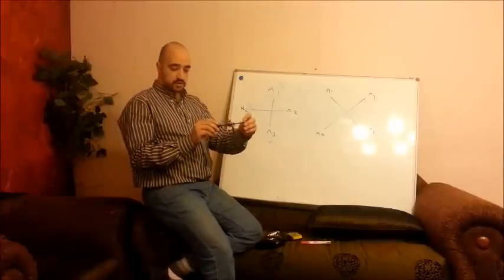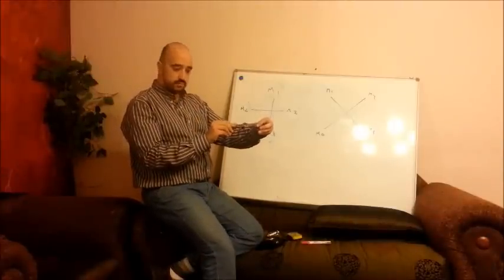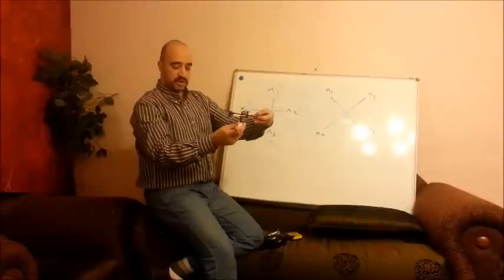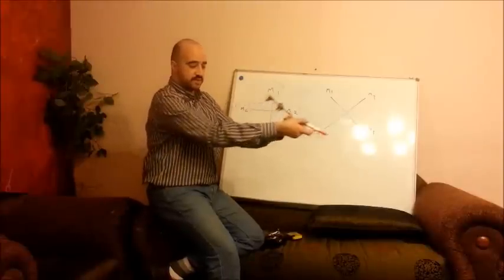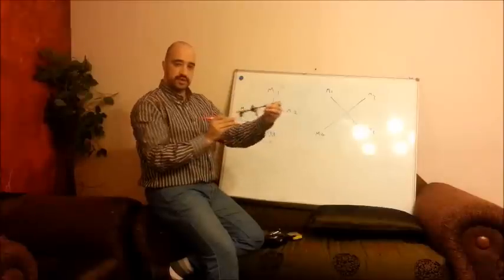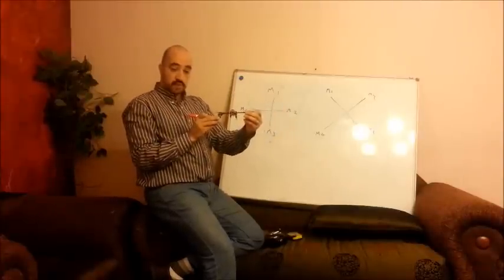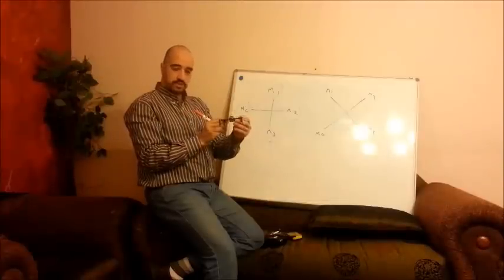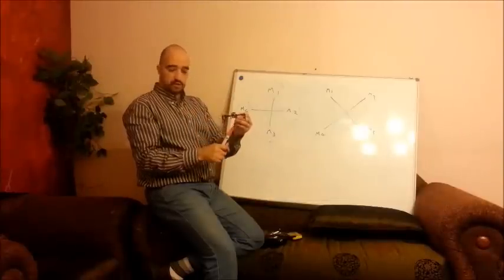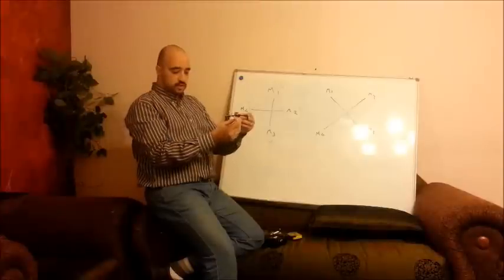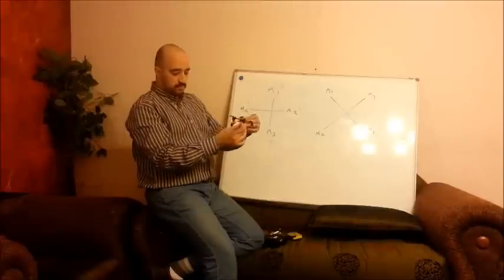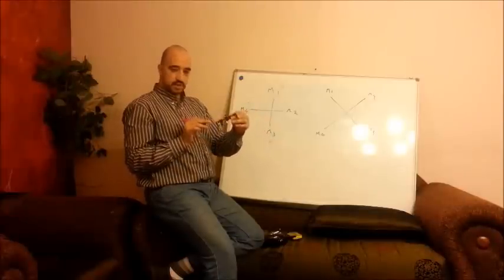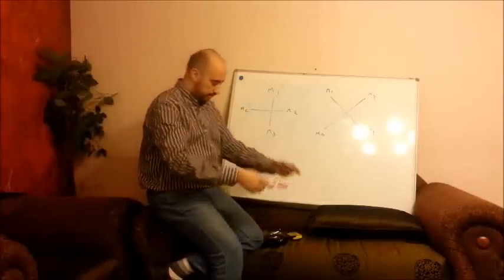For plus configuration, moving forward means moving in this direction. Moving left means moving in this direction. Moving right means moving in this direction. For X configuration, we simply rotate the quadcopter 45 degrees. So moving forward becomes in this direction, moving right becomes in this direction, and moving left becomes in this direction.